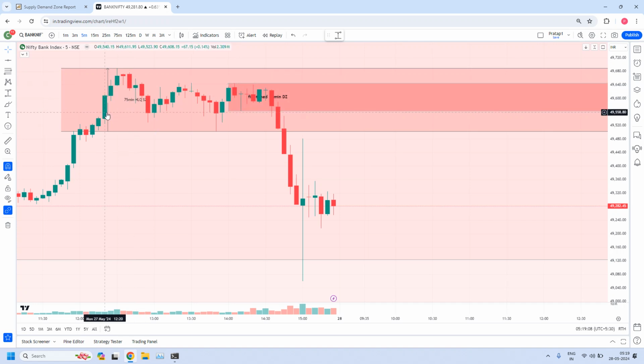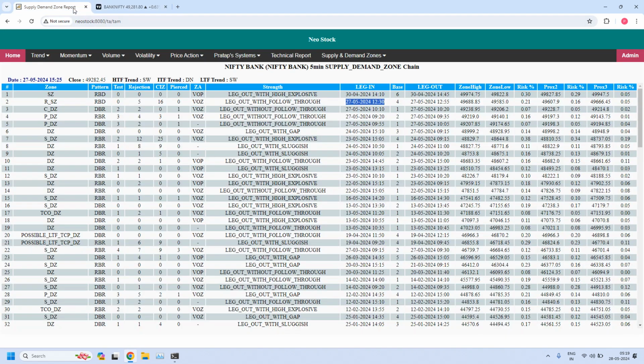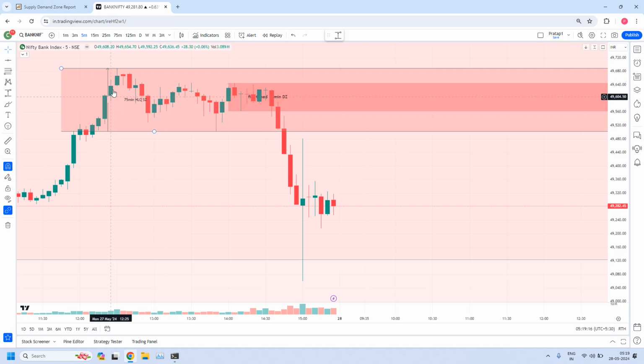What is this? This is 12:20, but here it is 12:30 and 4 base candles. This is a rally, 12:30 candle, 1, 2, 3, 4, and this is the drop candle. That means your zone will be like this.